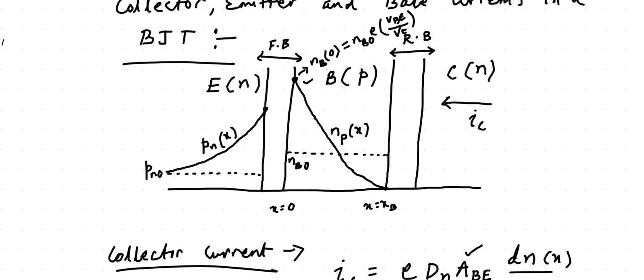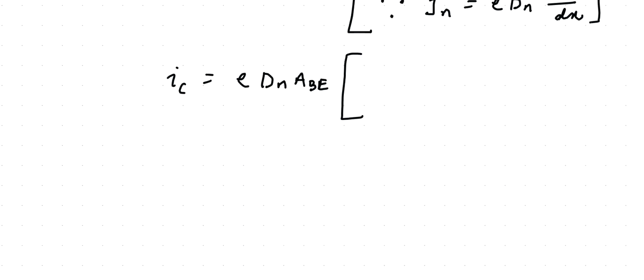So we can write the concentration at x equal to 0 is NB0 minus the concentration at x equal to XB, which is 0, divided by the width. So 0 minus XB, that's the width of the base region.